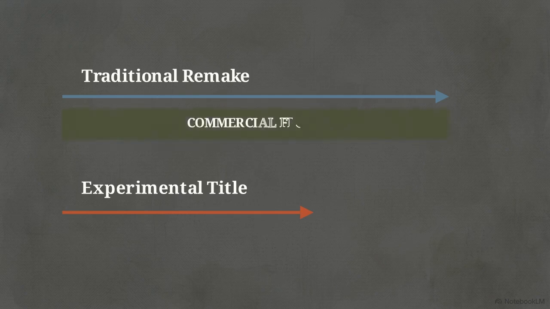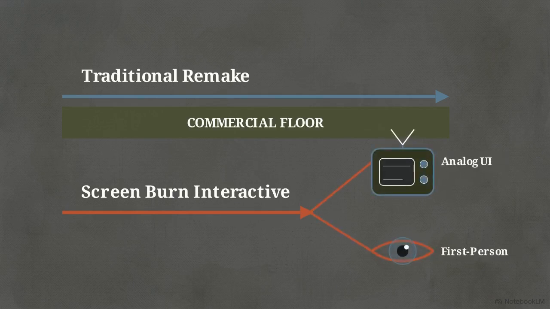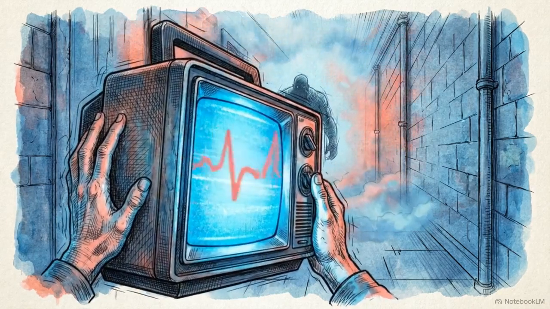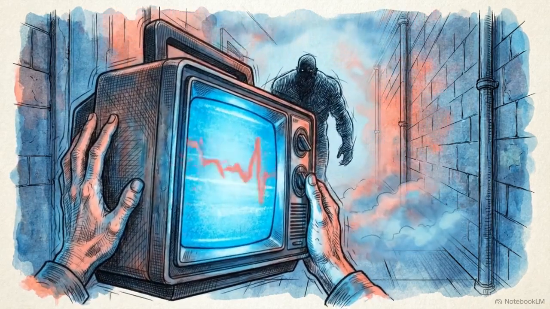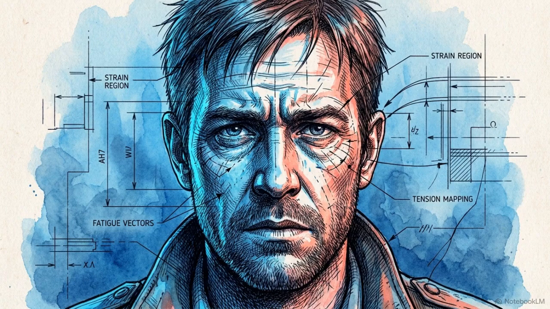The guaranteed commercial floor of a traditional remake allows a studio like Screenburn Interactive the freedom to take radical mechanical risks with analog UI and first-person vulnerability. Townfall demonstrates that restricting spatial dominance and weaponizing the interface is the most effective way to build genuine psychological tension. Interactive horror finds its most potent form in the precise mechanical engineering of player vulnerability and cognitive overload.